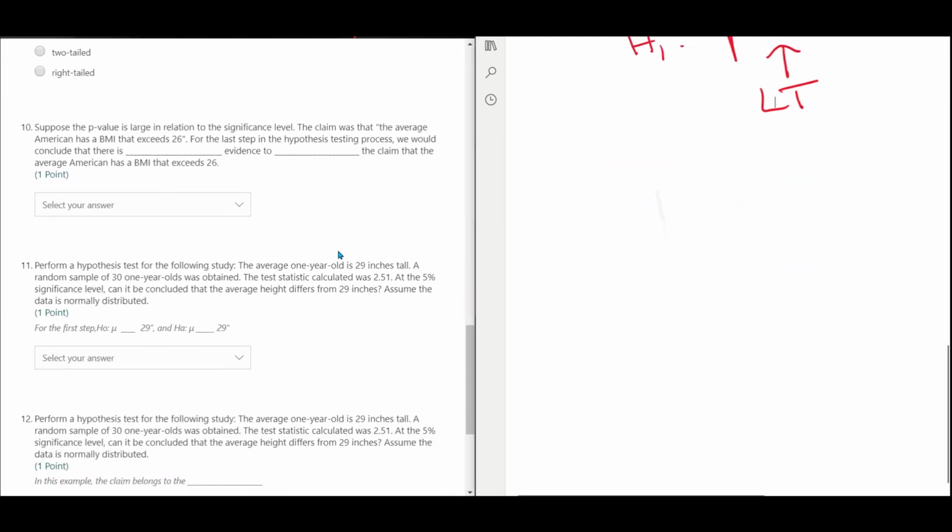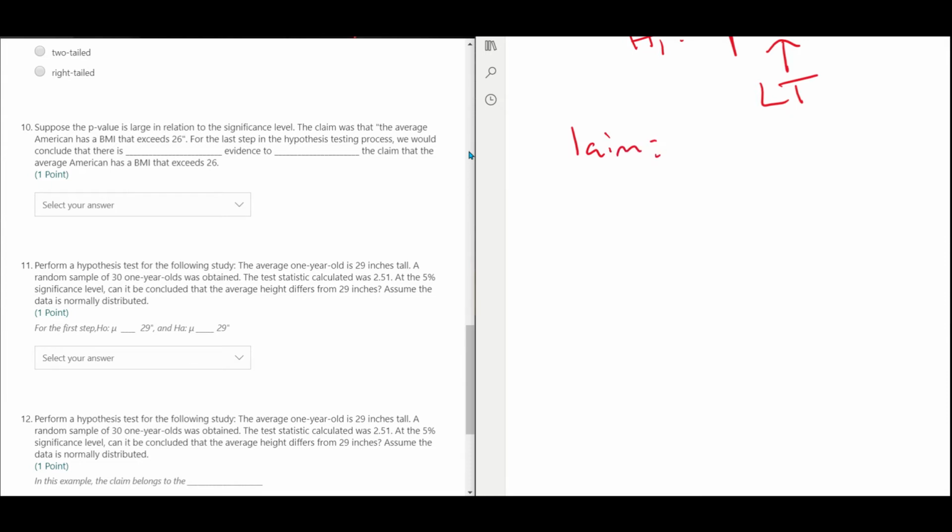Suppose the p-value is large in relation to the significance level. The claim was that the average American has a BMI that exceeds 26. For the last step in the hypothesis testing process, we should conclude that there is blank evidence to blank the claim that the average American has a BMI exceeding 26. So let's go ahead and write our claim.